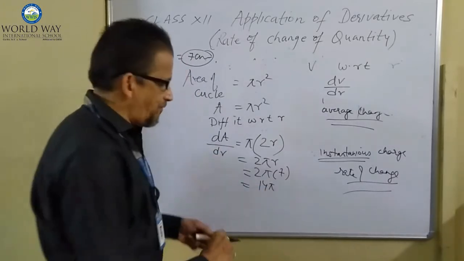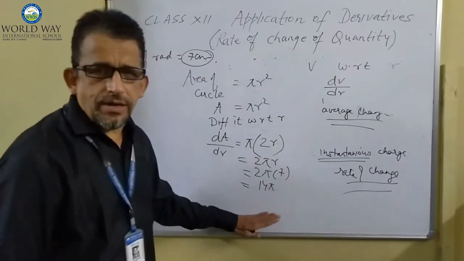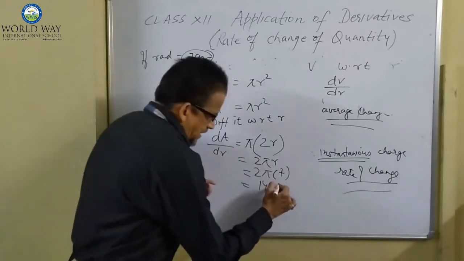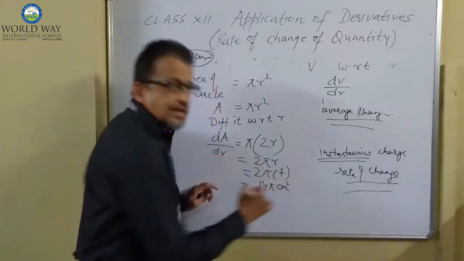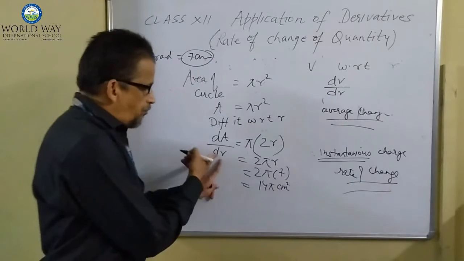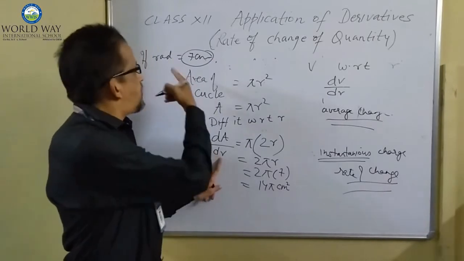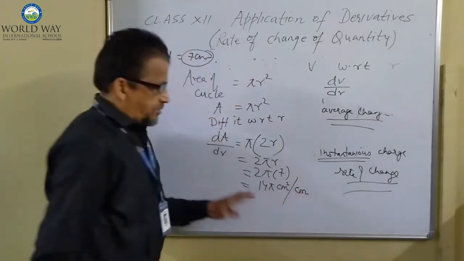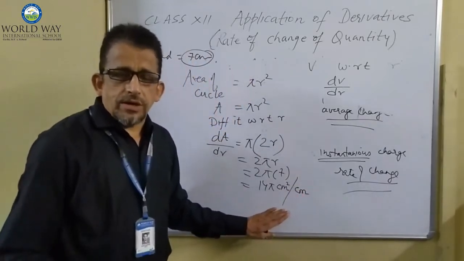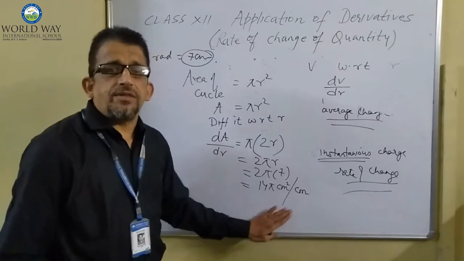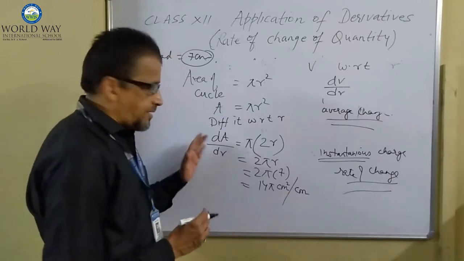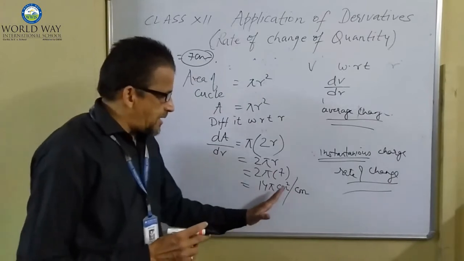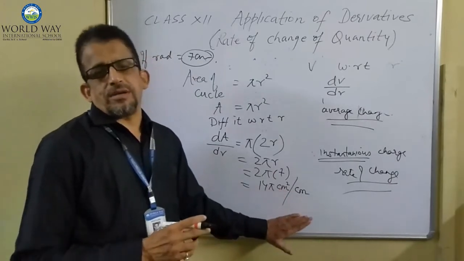If you do not write the proper unit, it's totally incomplete. There is a change in area, so what is the unit of area? That is centimeter square. With respect to radius, what is the unit of radius? It is centimeter. So this is the complete answer. We must conclude our answer properly with the proper unit. So the change in area with respect to radius is 14 pi centimeter square per centimeter.